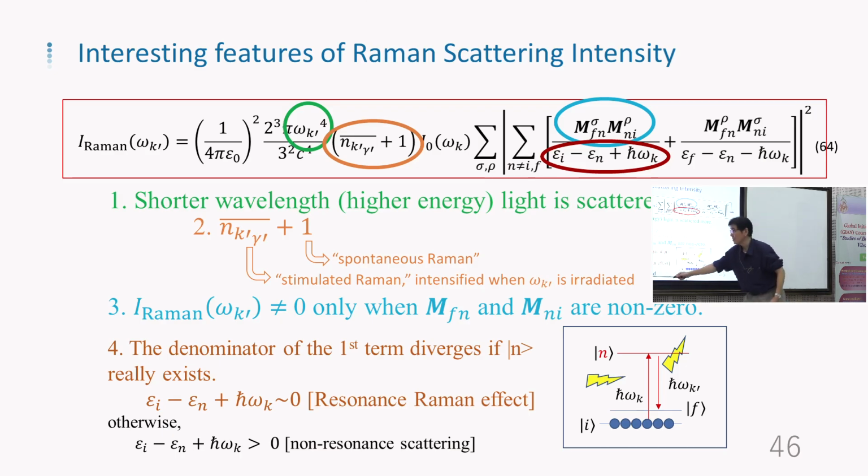If the denominator is larger than 0, or large enough, it happens when n is far from the excitation wavelength. Then this term is non-zero. In this case, it corresponds to non-resonance Raman scattering. So this equation tells us some interesting and important features of the Raman scattering process.